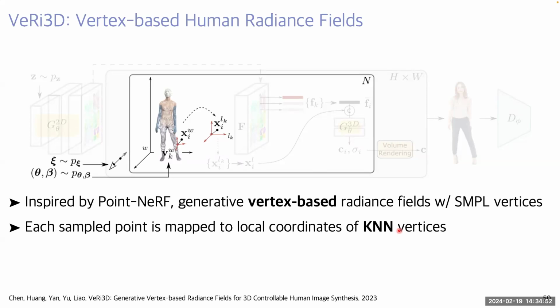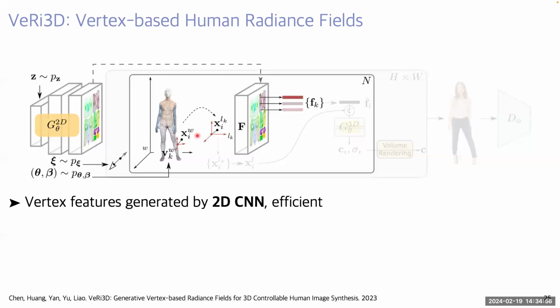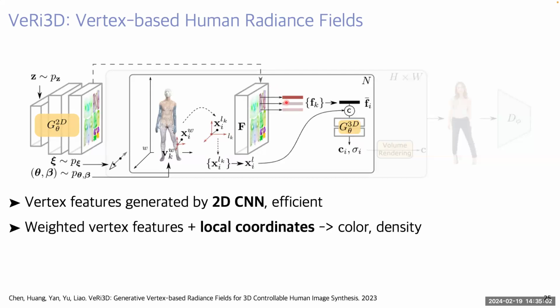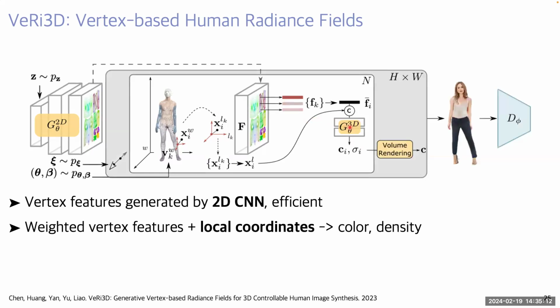Each sample point is mapped to the local coordinates of the k nearest neighbor vertices. Then we use a 2D CNN to generate the vertex features, which is efficient. Further, we use the weighted average of vertex features as well as the local coordinates to map to color and density.